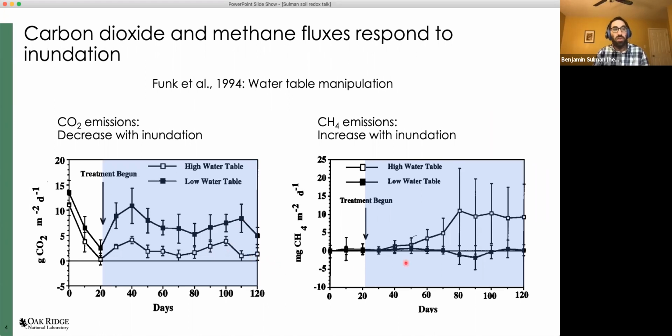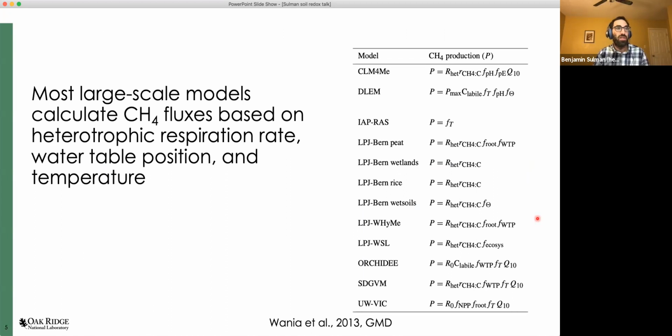And you also eventually have an increase in methane fluxes, which are produced by anaerobic processes under anoxic conditions. So there's tons of experimental evidence for this trade-off between CO2 and methane fluxes under high water table versus low water table conditions.